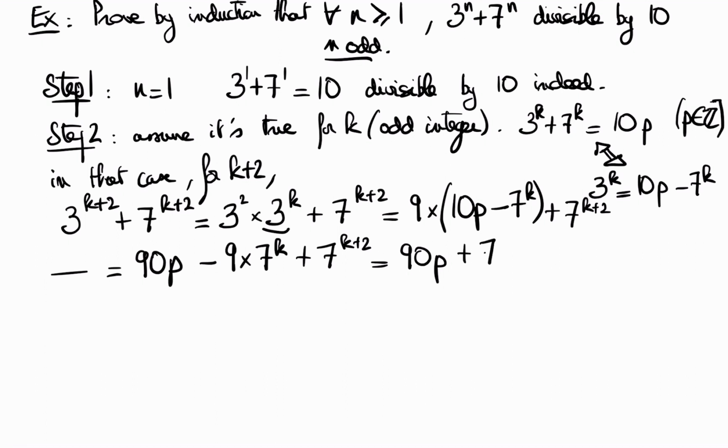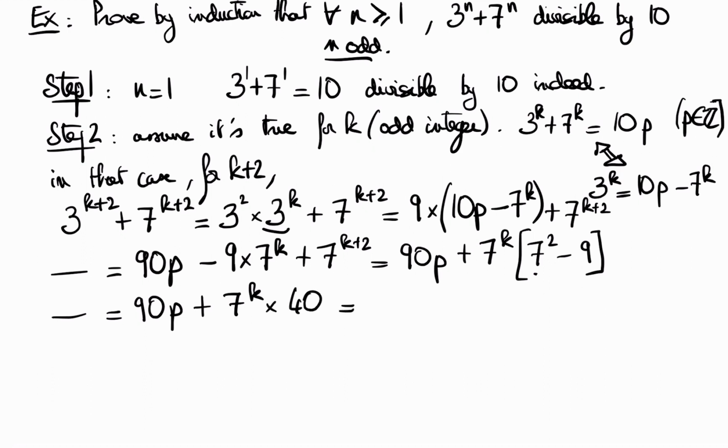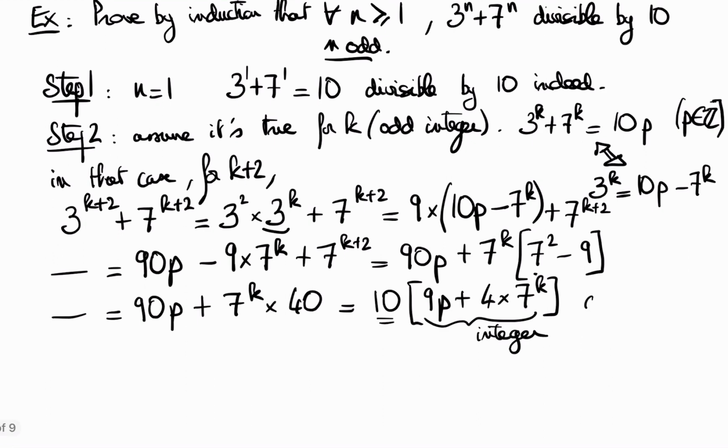So that's plus 7 power of k times 7 power of 2 minus 9, which is equal to 90p plus 7 power of k times 7 power of 2, that's 49, minus 9 times, 40. So, okay, we can factorize by 10, so it's 10 times 9p plus 4 times 7 power of k. Now, this is an integer, and because there is a 10 at the front, that means it's divisible by 10.